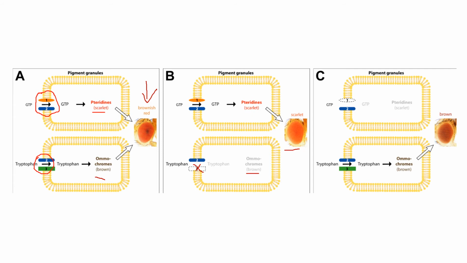The problem here is that the reddish pigments are not working. So one is not working, you don't get the red pigment, so you get brown eyes, because all these others are working, the ones that are in charge of the brown color.